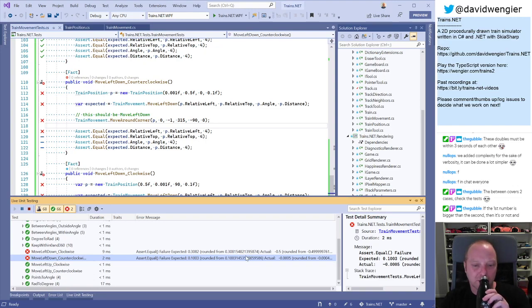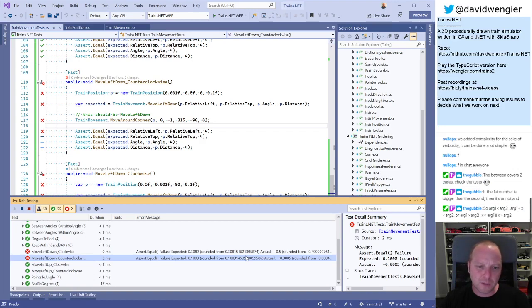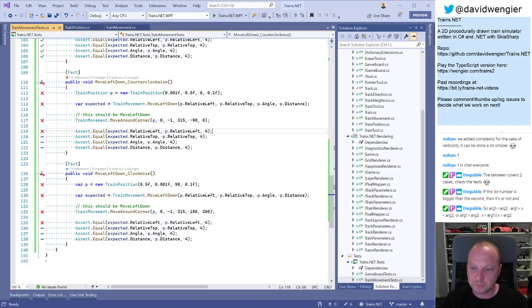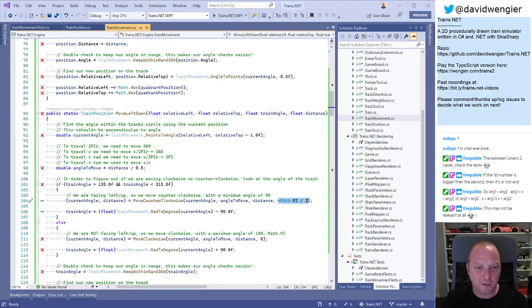Yeah, it's on the wrong side. Okay, well, debugging again. If the first number is bigger than the second, then it's OR, not AND.